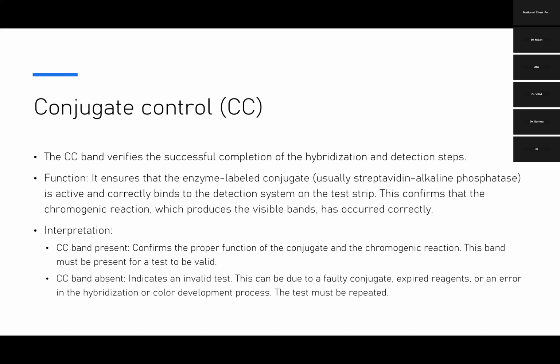This confirms that the chromogenic reaction, which produces the visible band, has occurred correctly. If the CC band is present, it confirms the proper function of the conjugate and chromogenic reaction, and this should be present for a test to be considered valid. If it is negative, then it indicates that the test is invalid. This can be due to faulty conjugate, expired reagents, or an error in the hybridization or color development process, and hence the test should be repeated.